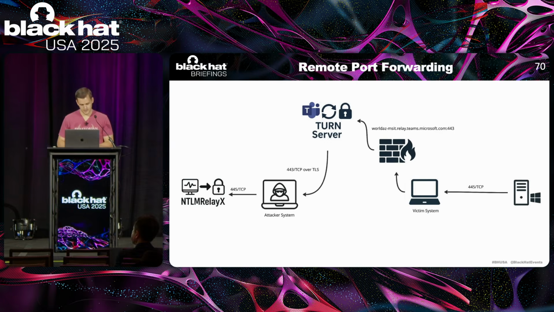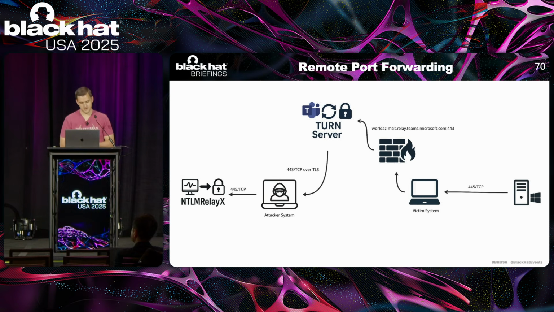Another key use case was local and remote port forwarding, and because not everyone will be familiar with what these are, I'll explain briefly. Remote port forwarding is when you want to bind to a port on a remote victim system, and whenever someone connects to that port, it routes through Microsoft's TURN infrastructure to the attacker system and forwards that connection to a service running on the attacker system.